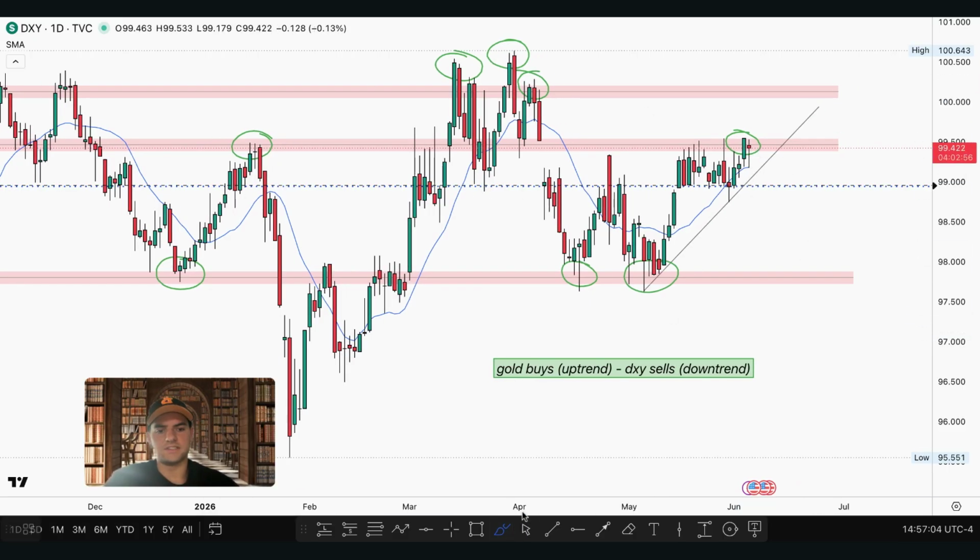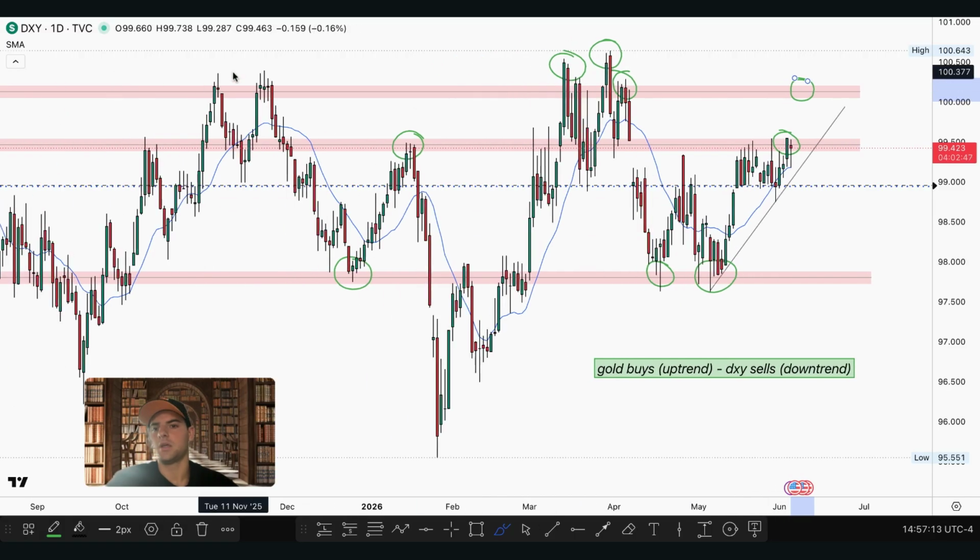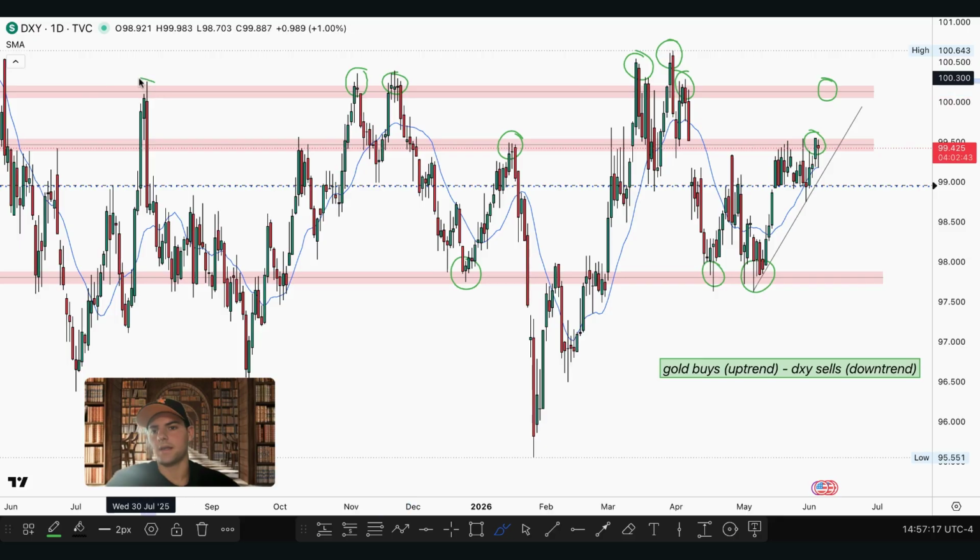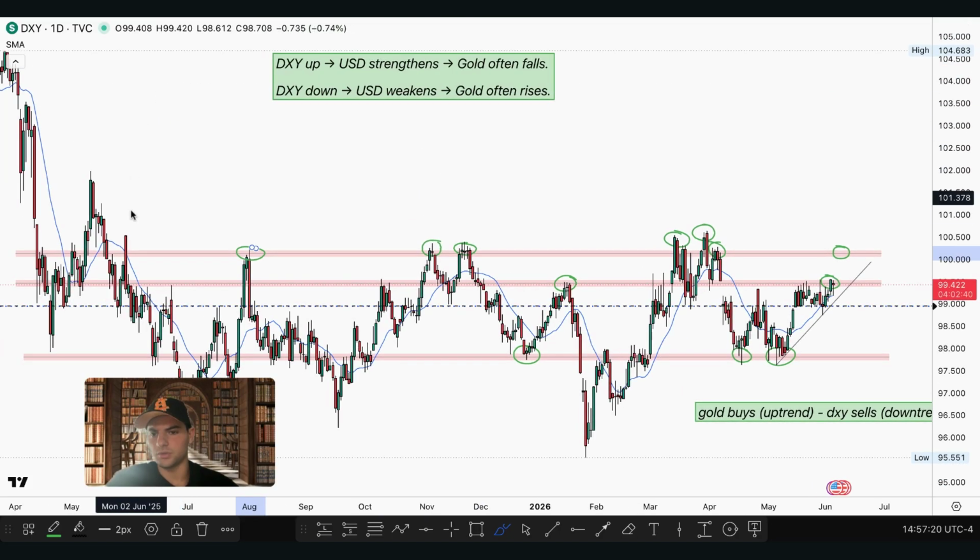So this is a tool, right? I really want to see if the dollar, the DXY pushes higher all the way up to the hundreds, because every time we were at the hundreds right here, we had a massive retracement to the downside, right?